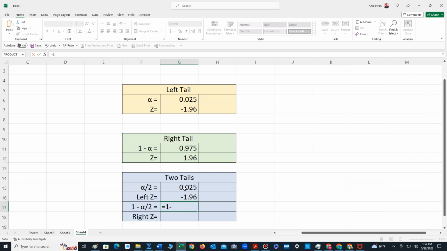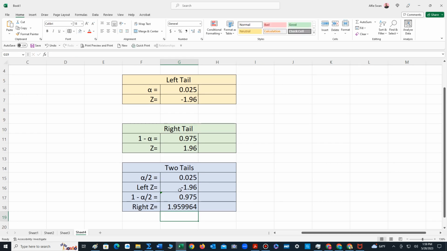Well, that's 1 minus 0.025. And then we type in our function norm.s.inv, select the area, and we get, once again, positive 1.96. And so we have the 2 critical values.